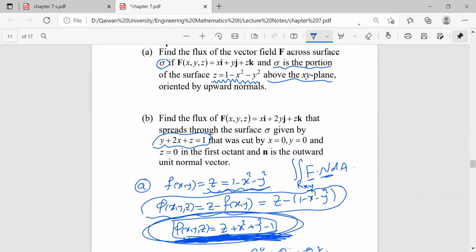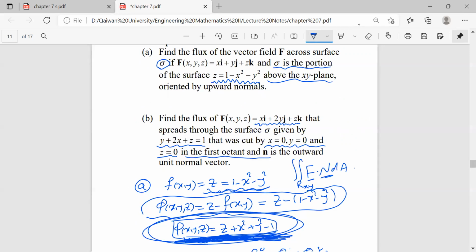In the second one, it says find the flux for f of x, y, z, which equals xi plus 2yj plus zk, passed through the surface given by, this is the surface, and cut by x equals 0, y equals 0, and z equals 0 in the first octant.